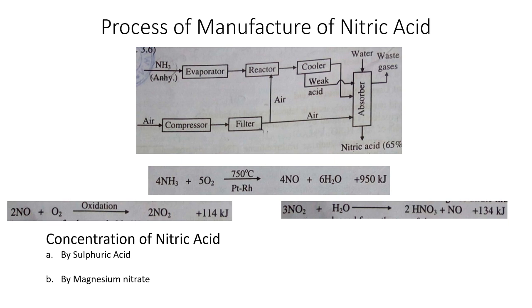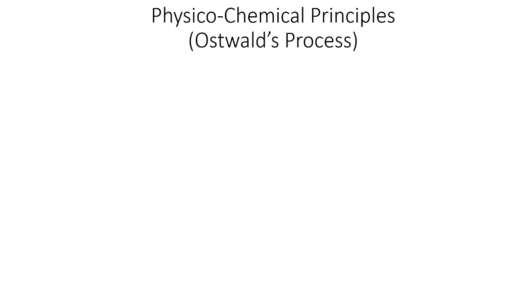Though you can concentrate the nitric acid both ways, the more useful and economical method is the use of magnesium nitrate. So this is the total process of manufacture of nitric acid on industrial scale. There are three steps involved, and all three were discussed.